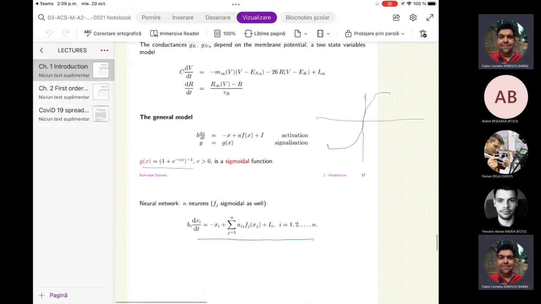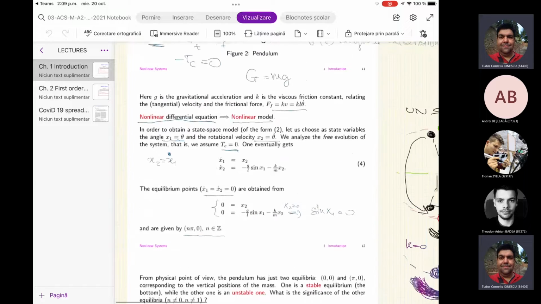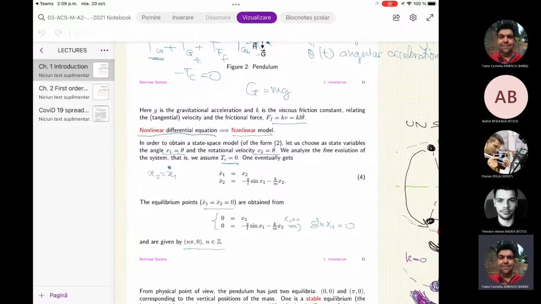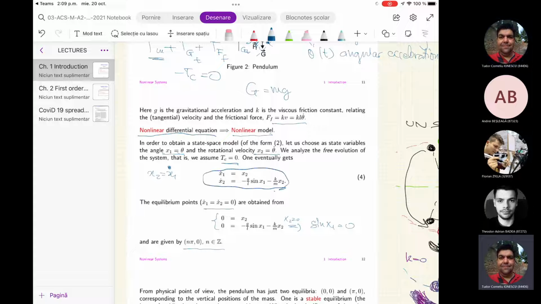So we are going to look at this kind of models, like I showed, the neuron or this guy, which is the pendulum, which we are going to carry on studying throughout this lecture. This and all sorts of variants of such equations.